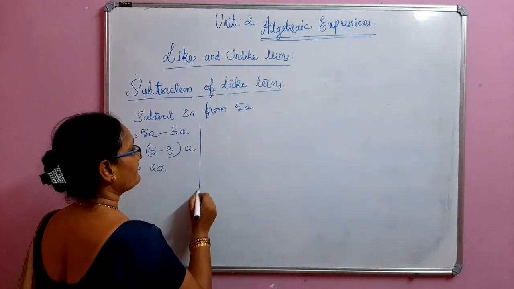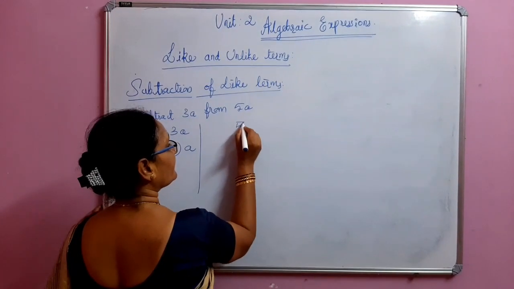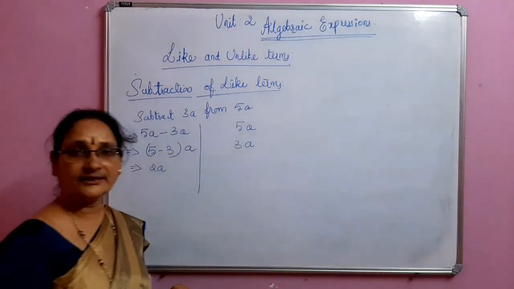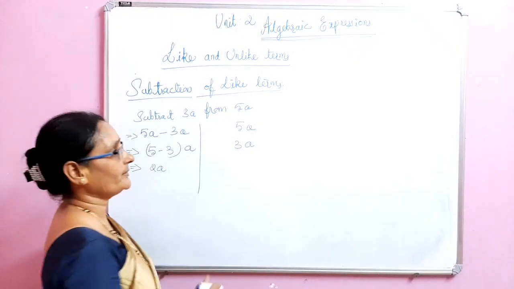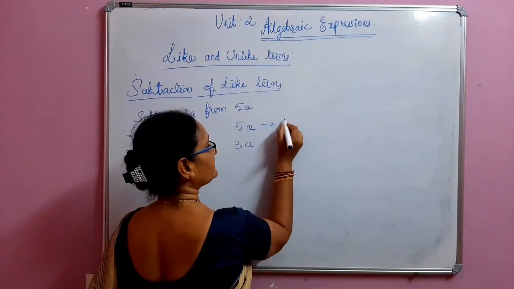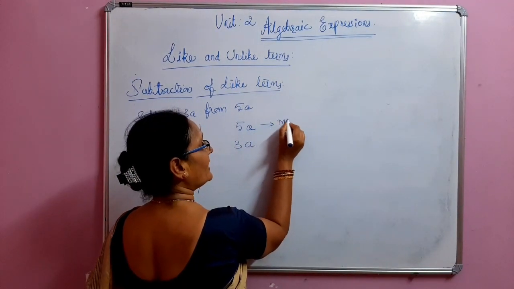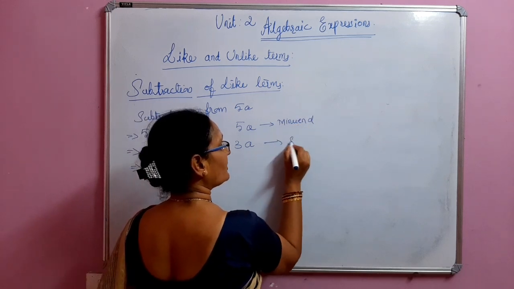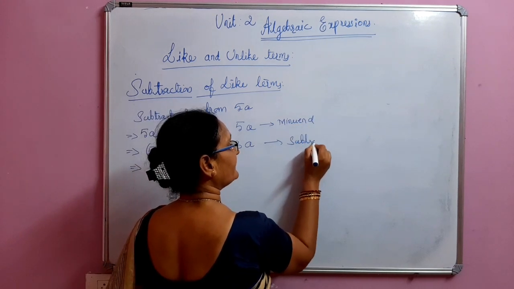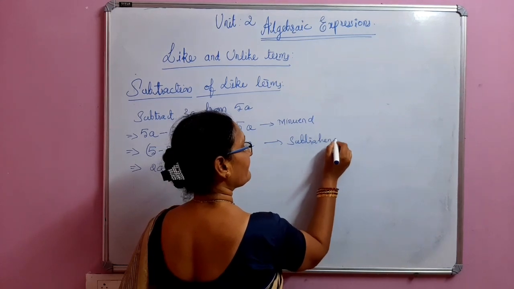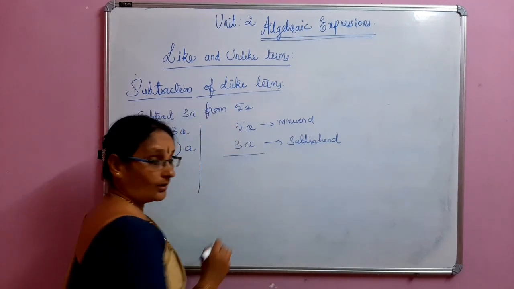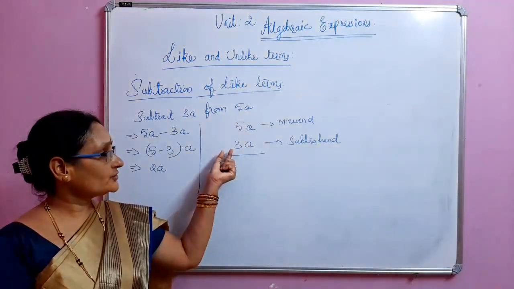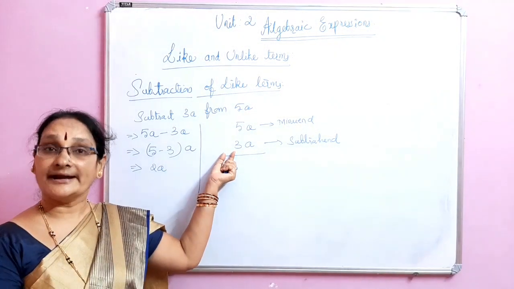Same way, see here 5a and 3a you have to write in the vertical. But here you have to make one action, that is this is called minuend and this is called subtrahend. If you want to do the subtraction in the vertical method, you have to change the sign of subtrahend.